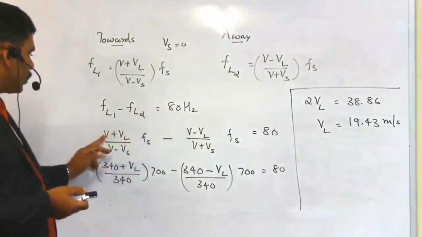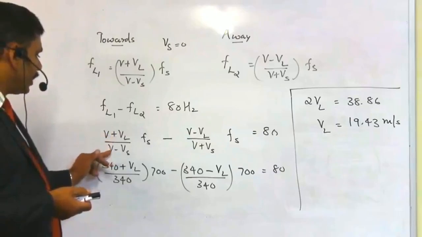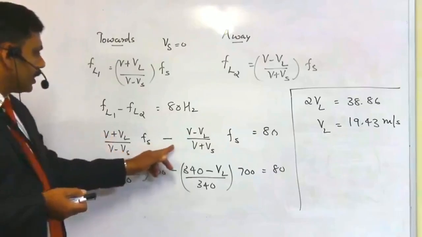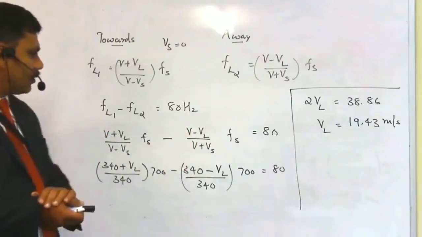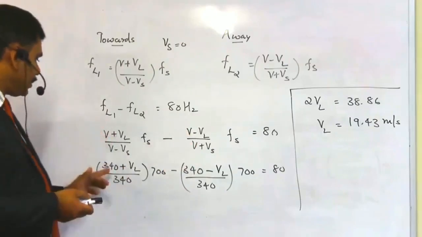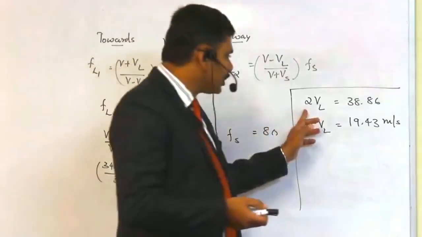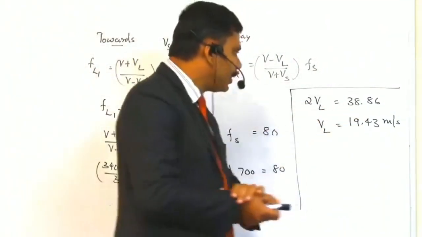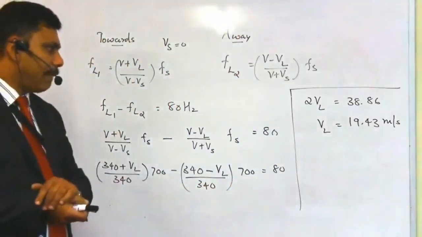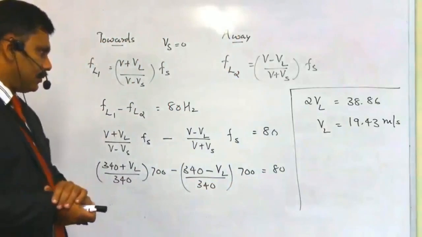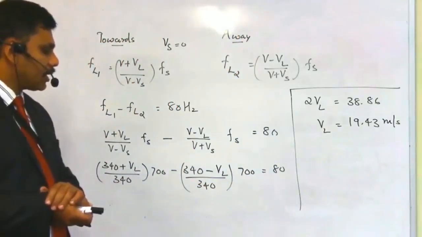So putting the equation (V plus VL) divided by (V minus Vs) times Fs minus (V minus VL) divided by (V plus Vs) times Fs equals 80, then substituting the values and calculating, 2 VL equals 38.86, then VL equals 19.43 meters per second.